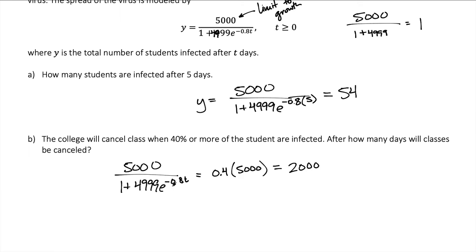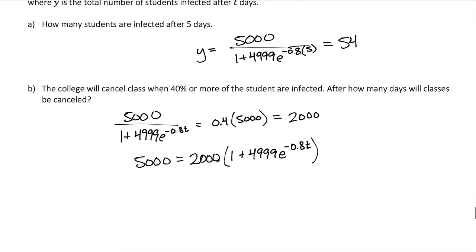I'm going to go ahead and multiply by this whole denominator. I don't like that I'm trying to solve for something in the denominator. So multiplying by that, I've got my 2,000 times 1 plus 4,999 e to the negative 0.8 t.